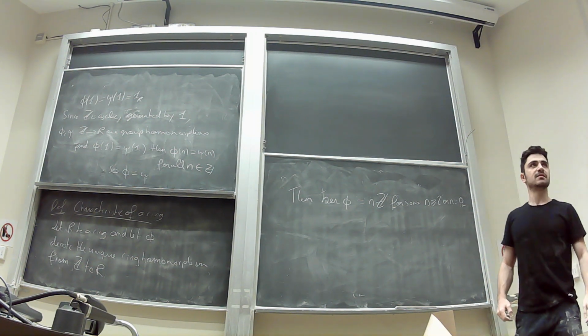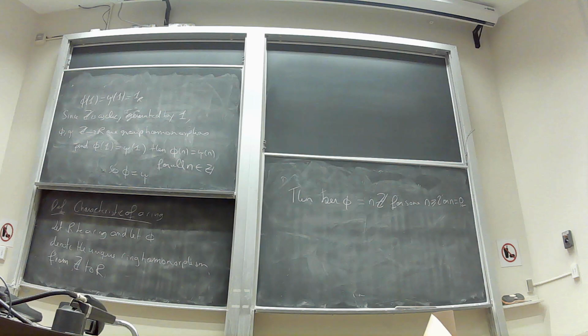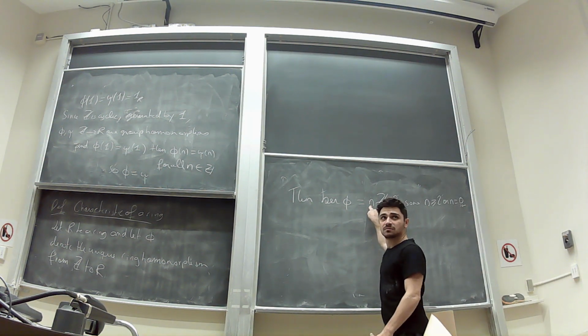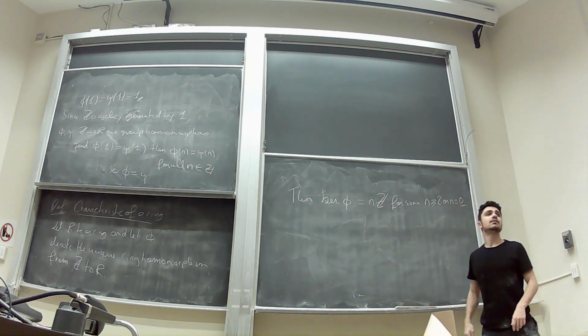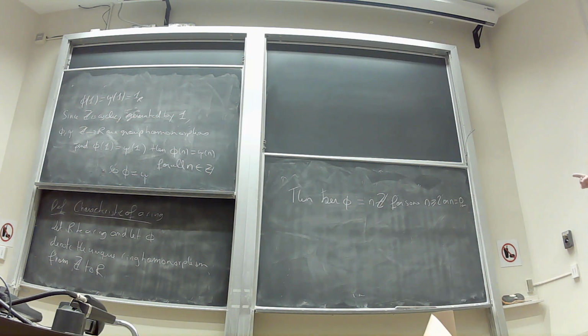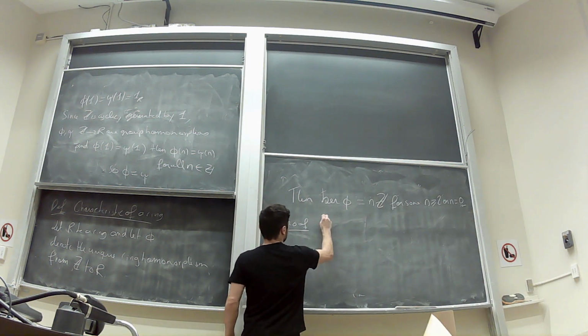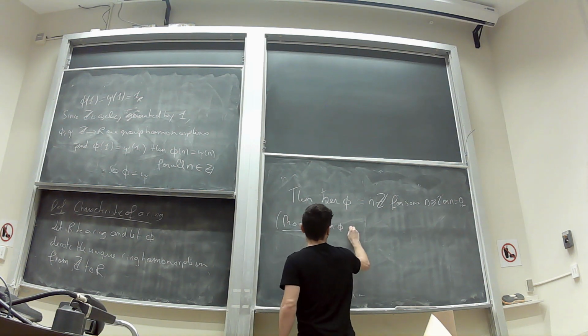What are the ideals of Z? These are precisely the subgroups of Z. We've shown that these are exactly the sets nZ for some n in N. Now the kernel of this homomorphism is either 0Z or nZ for n bigger or equal to 2. It cannot be 1Z because it maps 1 to 1. You see that or not? Proof. The kernel of phi is an ideal of Z.